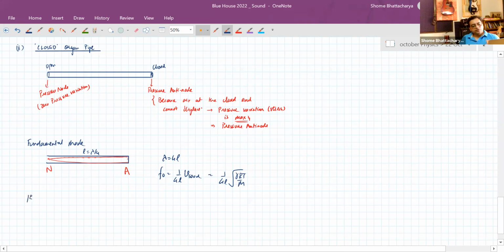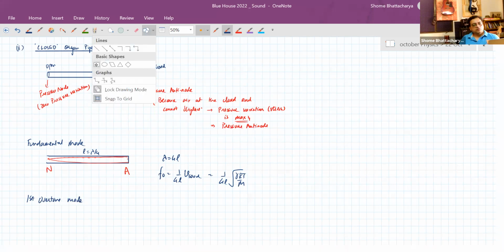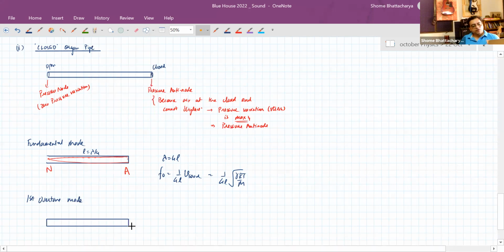Now the first overtone mode will be one in which, instead of one antinode and one node, we have two antinodes and two nodes, because now we have this sequence: node, antinode, node, antinode. So we basically have 1.5 loops.